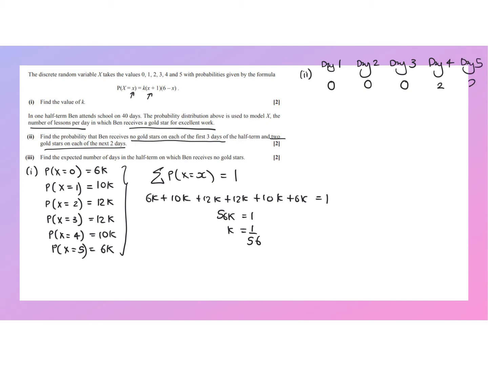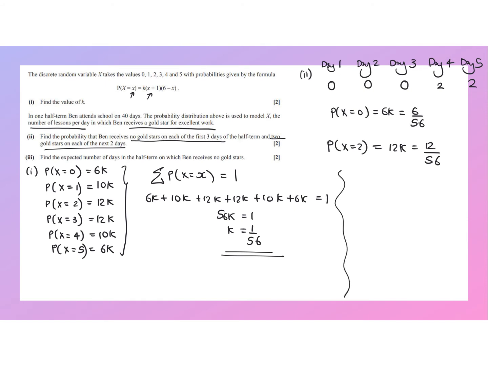Day 5, he receives another 2 gold stars. So how do we work this probability out? Well, the probability of x being equal to 0 was 6k, which is 6 over 56, because we now know what k is equal to. And the probability that x is equal to 2 is equal to 12k, or 12 over 56.